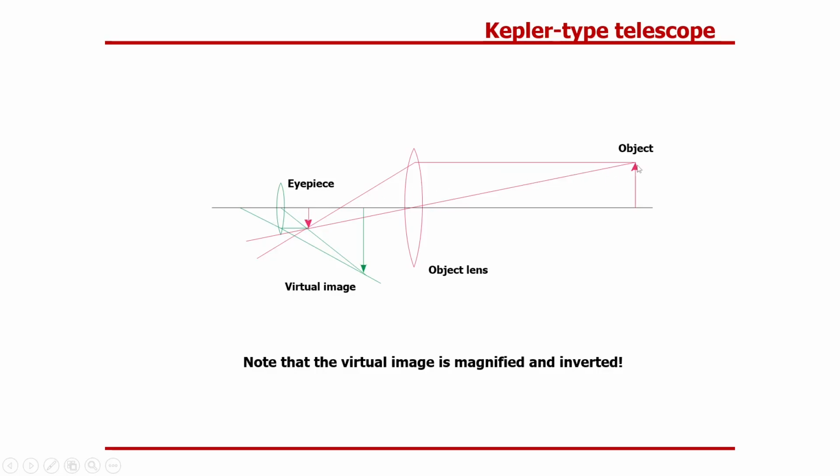We have an object, and we have a virtual image of the object, and we can see this virtual image of the object using the telescope.